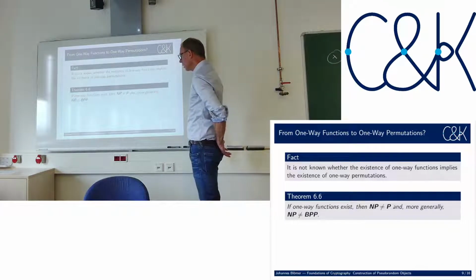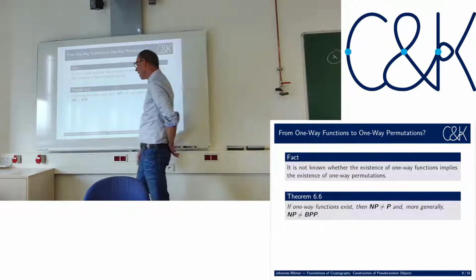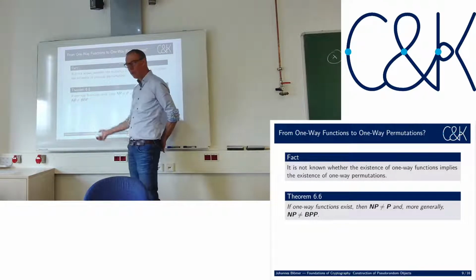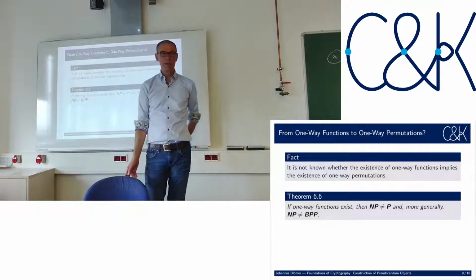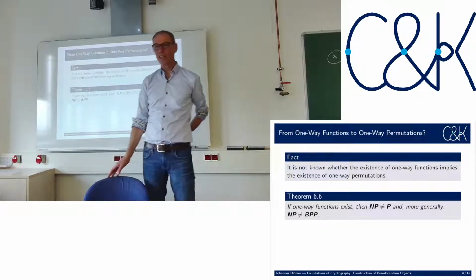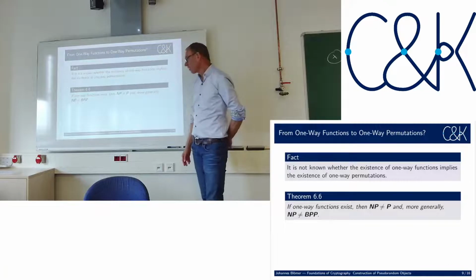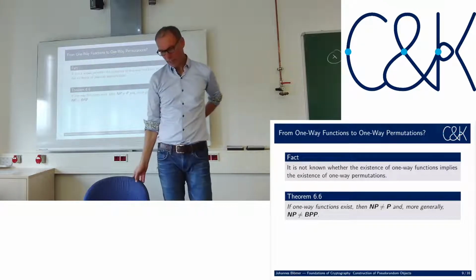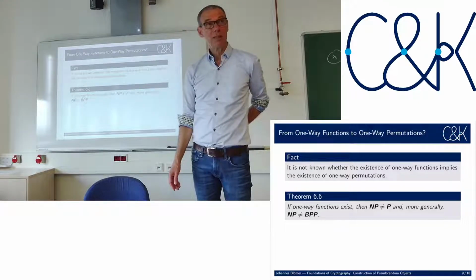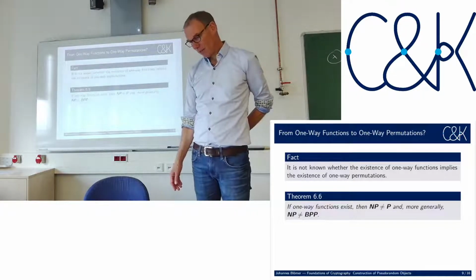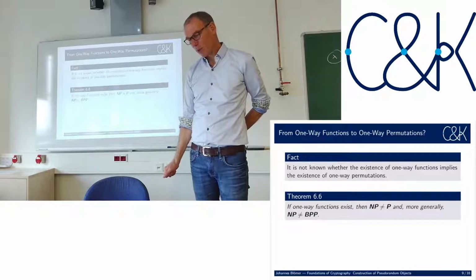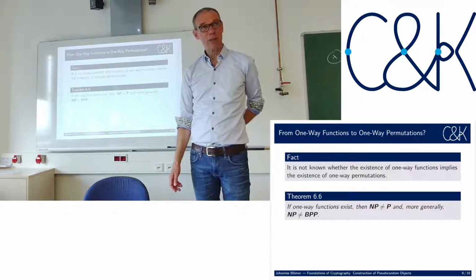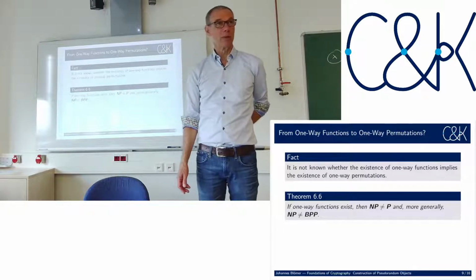It could be that NP is not equal to P, but NP is equal to BPP. Nobody believes it. There are strong indications that that's not the case. There are strong indications that BPP is equal to P, but again, we don't know. As in complexity theory, we do know a lot of things, but we often don't know the most important things.